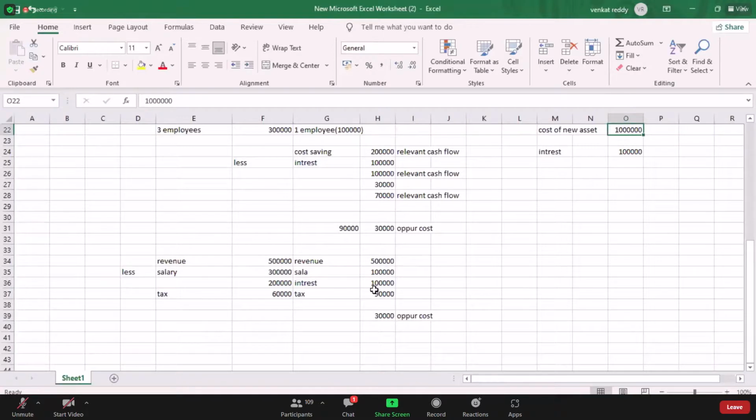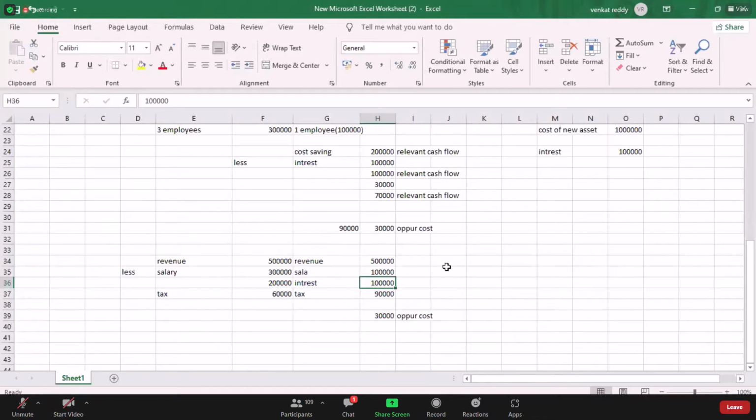So that's why I'm considering the interest. If that information is not given, we cannot consider this particular interest while calculating the relevant cash flow. Because in a simple way, what I'm trying to say is, when you are following the time value of money, when you are going with the discounted techniques, we will use the cost of capital to minimize it. Anyway, with our further calculations, you can easily understand.